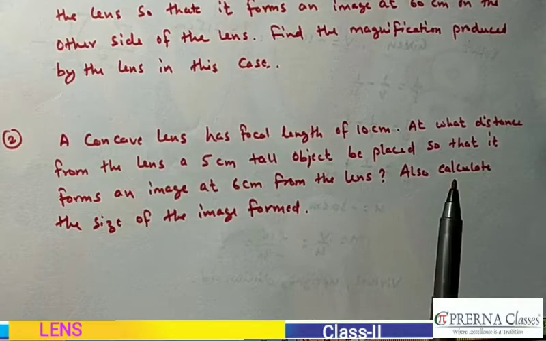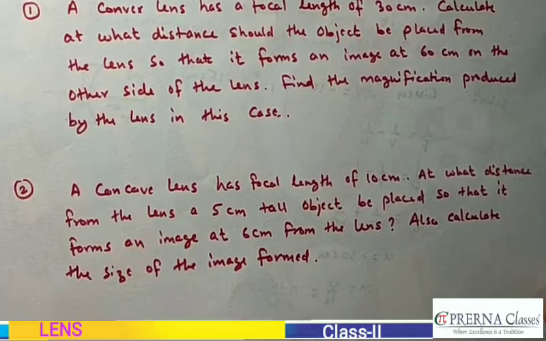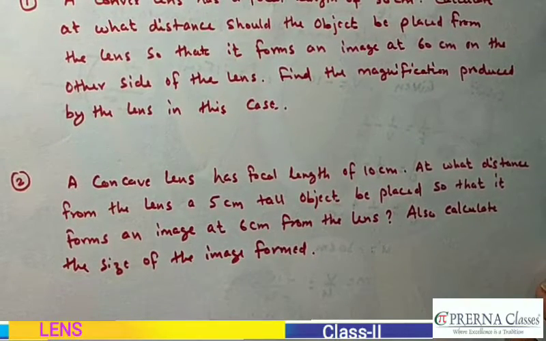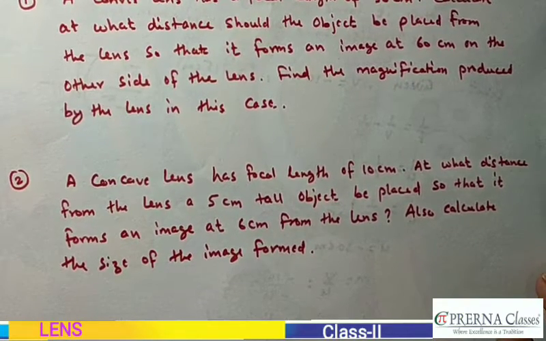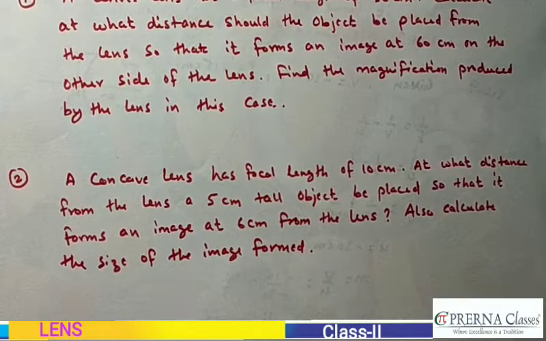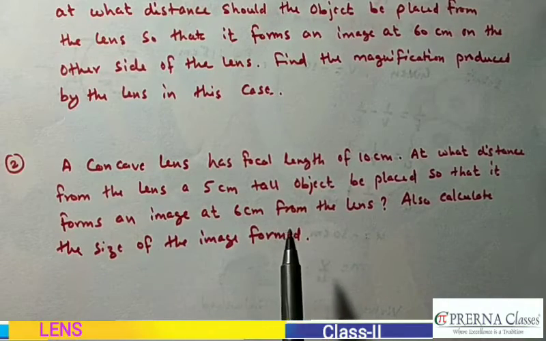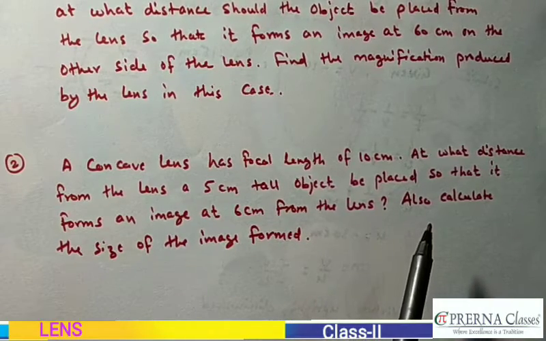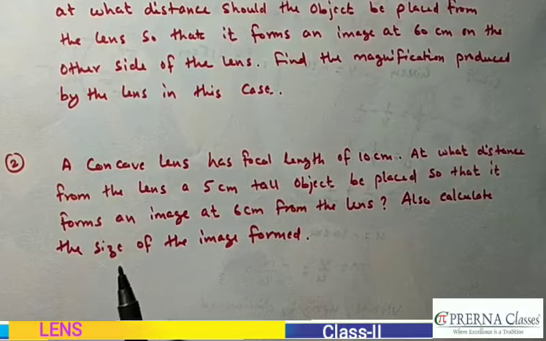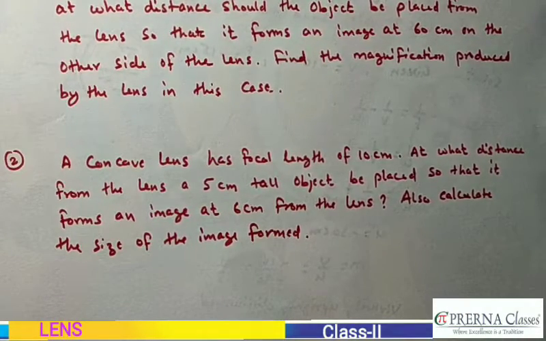At what distance from the lens should a 5 centimeter tall object be placed so that it forms an image at 6 centimeter from the lens? Also calculate the size of the image formed. These are the two questions which you should try yourself.